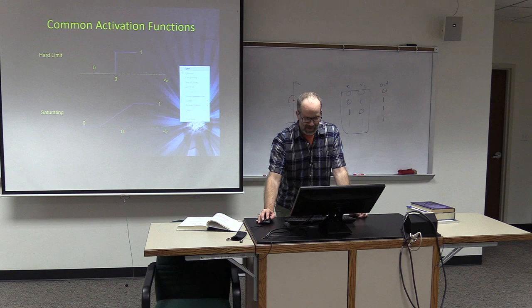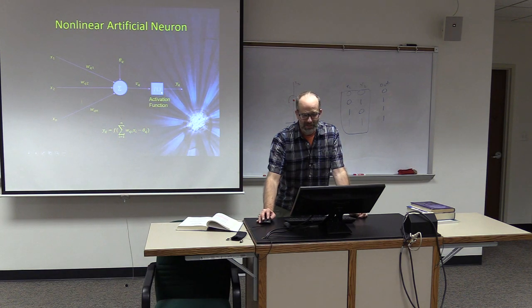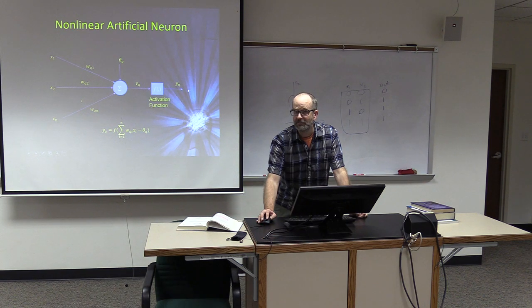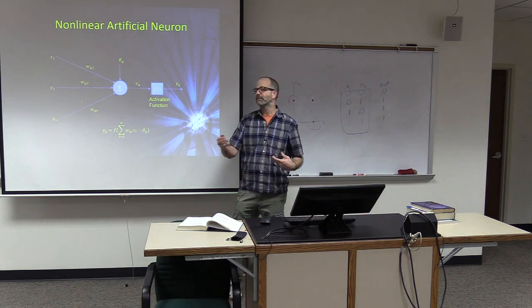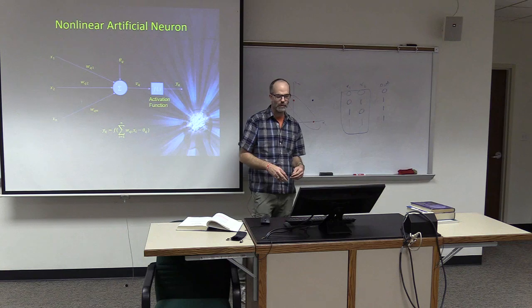If I make this a hard limit, it's going to say if v sub q is less than 0, then y sub q will be 0. However, if v sub q is positive, then I'm going to turn it on. So again, the output in that case for the hard limiter will be either 0 or 1, either off or on.